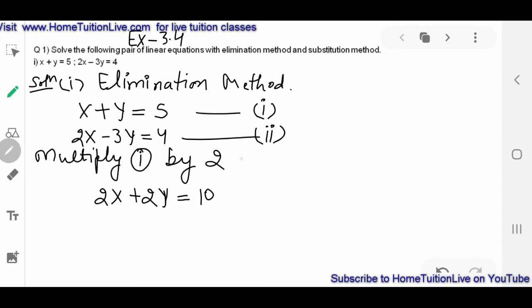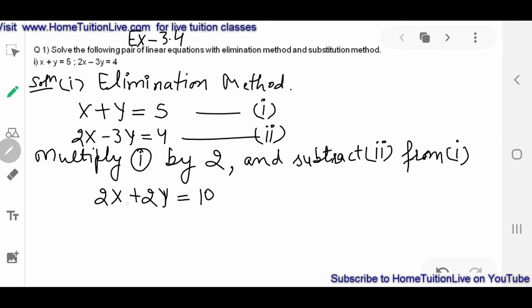So I am writing directly here, multiply 1 by 2 and subtract second equation from first, from this equation. So this is the equation we get by multiplying, and now we will subtract the second equation from this equation.